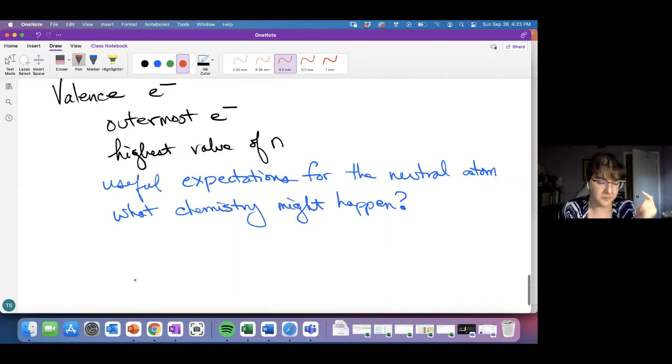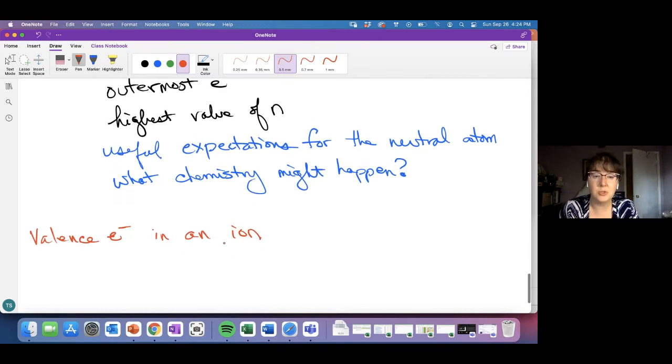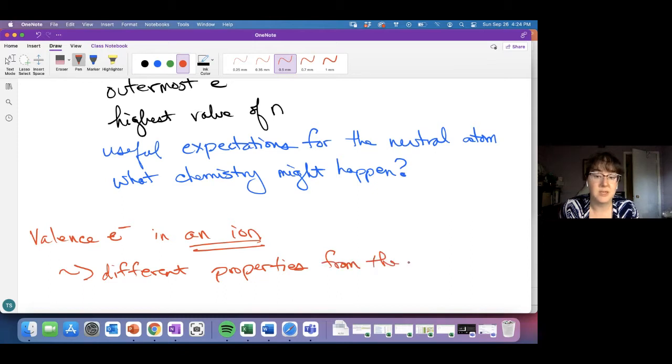Realize that, first of all, we would then be talking about valence electrons in an ion. And the first note is that once you're in an ion, it typically has different properties from the neutral atom, because it's going to have a charge.